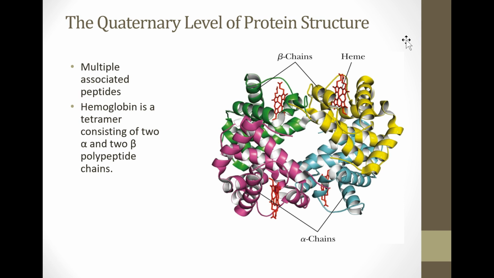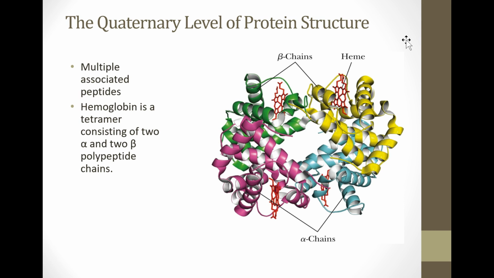And then finally we have quaternary structure of protein. Quaternary structures, like I mentioned earlier, are multiple associated peptides, each of them having tertiary structure that is altered when they associate. And that assembly into quaternary structure refines the tertiary structure to allow for specific biological functions.